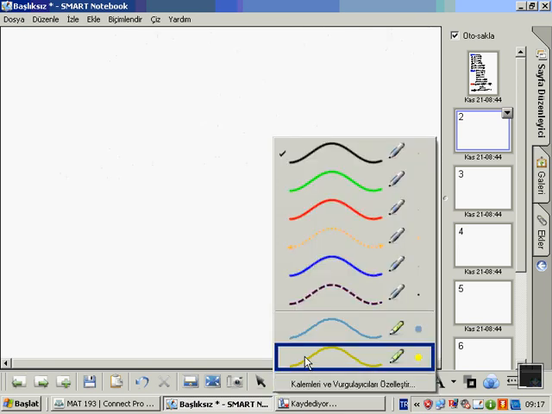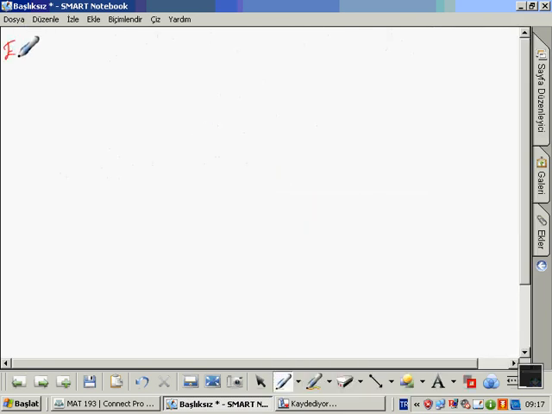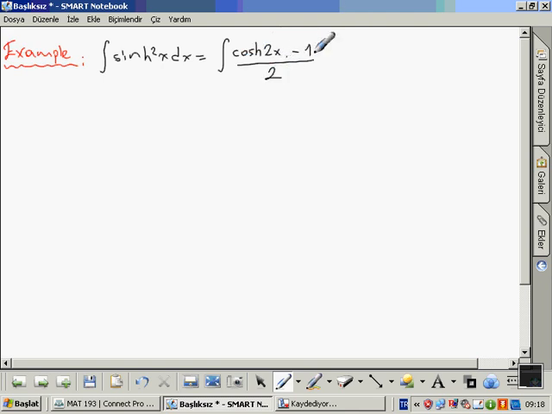Another example: the integral of sinh² x ∂x. Remember the identity, sinh² x equals cosh 2x minus 1 over 2.